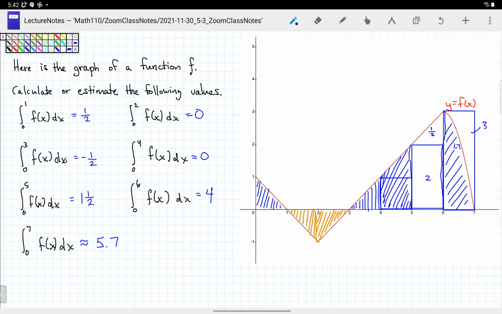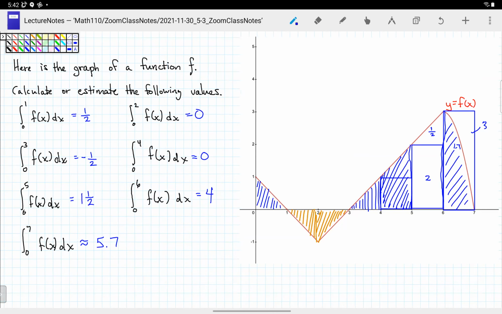All right. Now, I want to take this idea further. What we've done is calculate the integral from 0 to different stopping points. So we can ask the question, what's the integral from 0 to 1.5?